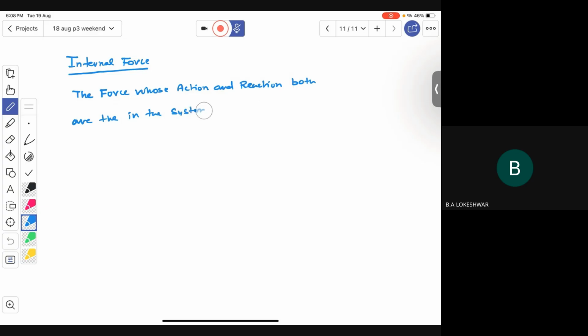And action and reaction forces are such kind of forces which are equal and opposite. AC means action, RC means reaction. Action and reaction forces are equal and opposite, and their line of action is the same, no? That we have seen in class as well.